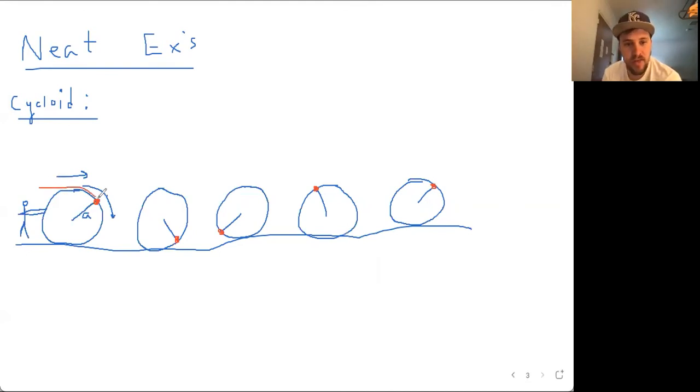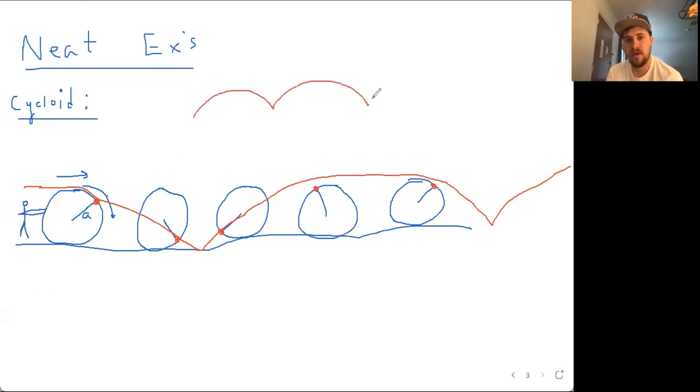And if you trace out this path, you get something like this. And so if I were to go off screen in both directions, basically a cycloid looks something like this. It's the path that a fixed point on a wheel takes as the wheel is rolling.